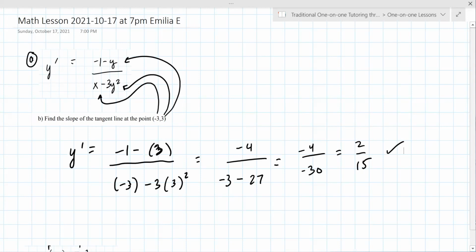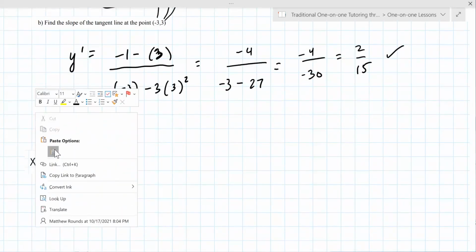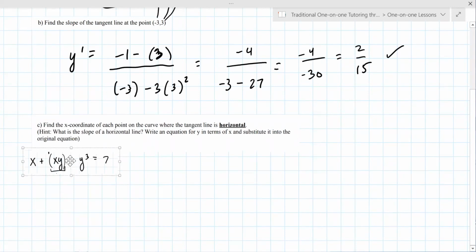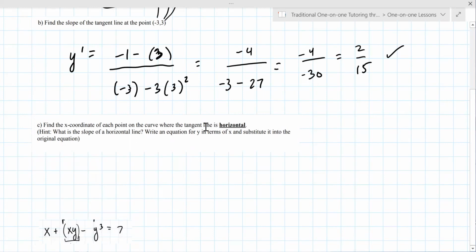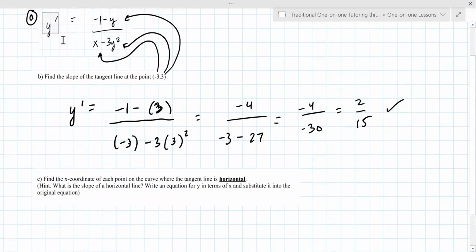Okay, now part C, and we can do that for this one here. Let me grab it here. So it says find the x coordinate of each point on the curve where the tangent line is horizontal. So again, we're looking at this one up here.